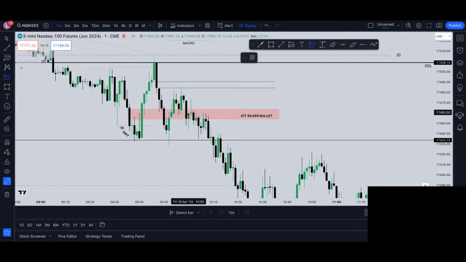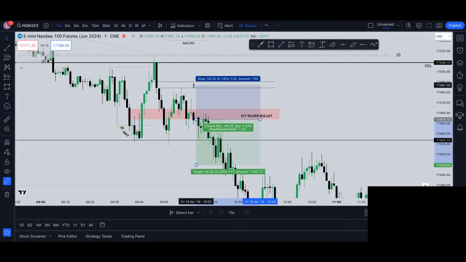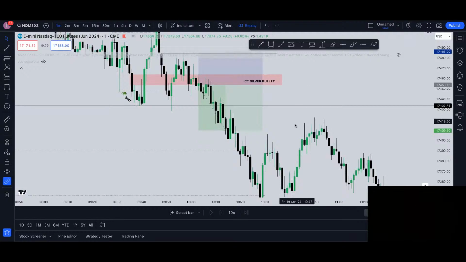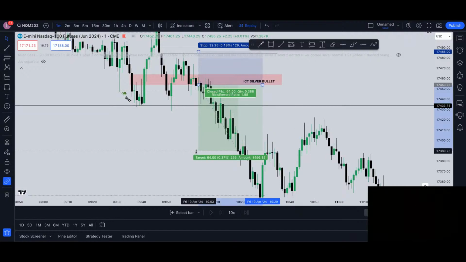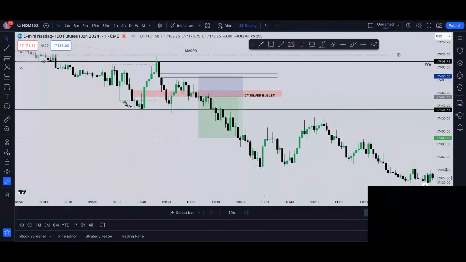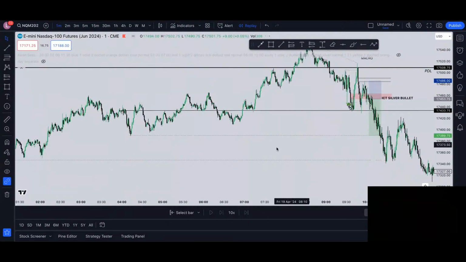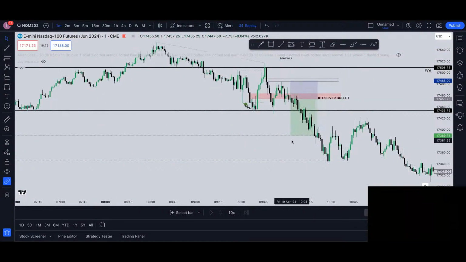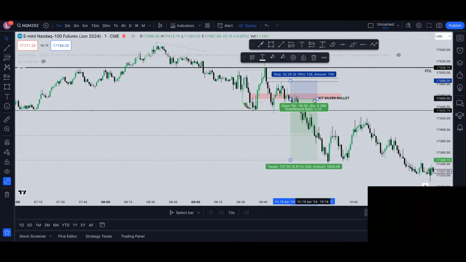You can either take a trade over here on 10:01 or 10:03 when it closed below this fair value gap and touched back over here, and you can put your stops on this swing high, and target the lows, 1 to 2, 64 handles, and it just ran amazing, 100 handles.